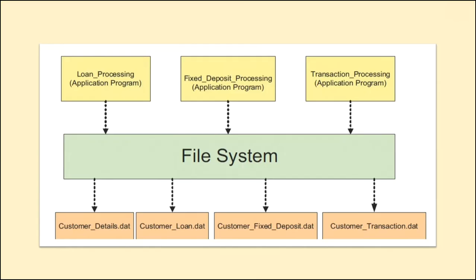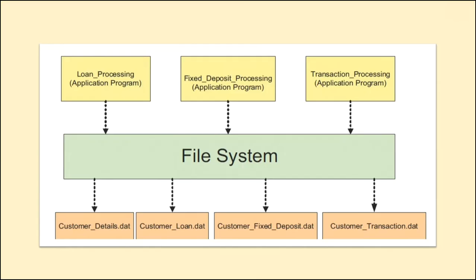So that means the IO cost, the input and output cost, increases. The cost of reading the data is very high in the file system.